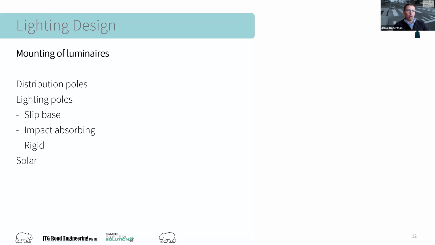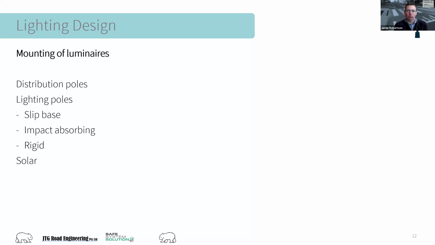If we are installing lighting poles, we should ensure that they're frangible wherever possible, subject to clearance requirements to overhead power, and thinking about the potential for a dislodged pole to impact a pedestrian. For that reason, impact absorbing poles are preferred in pedestrian areas and near pedestrian crossings rather than slip-based poles.